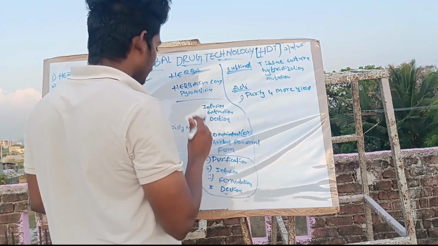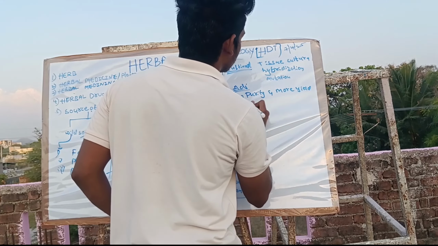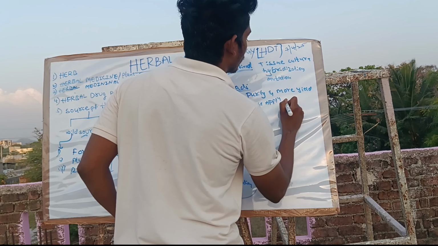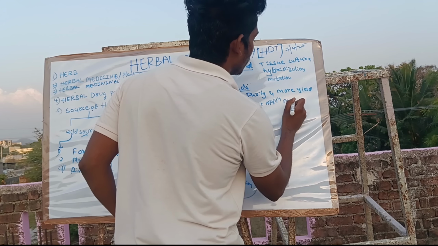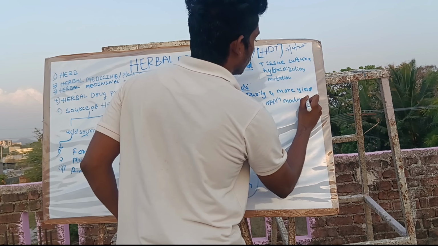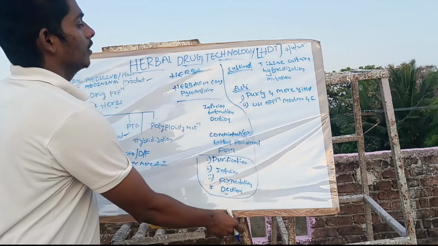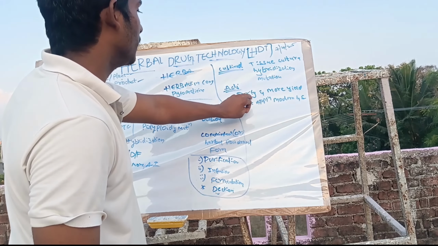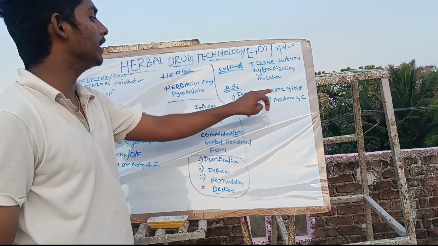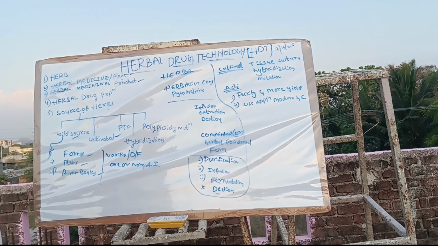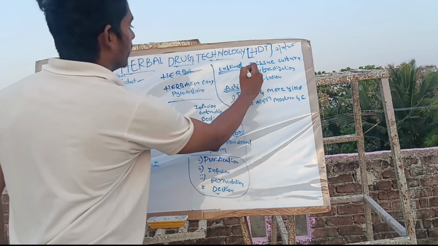And we can use applications of modern and scientific technology. We can get purity of the plant and more yield, and applications of modern and scientific technologies are used in cultivation.